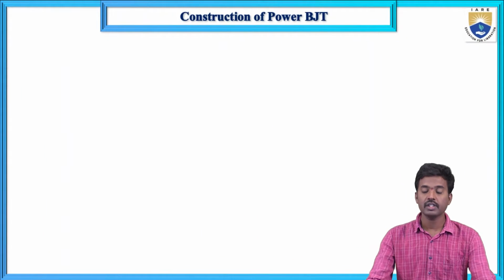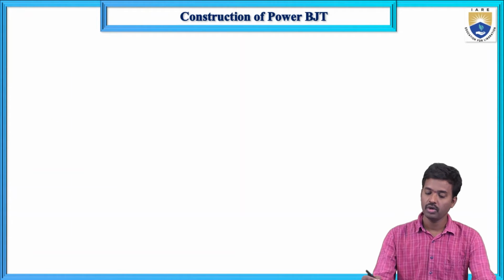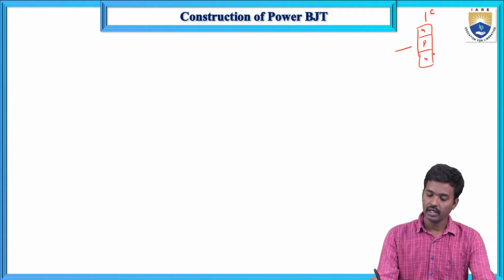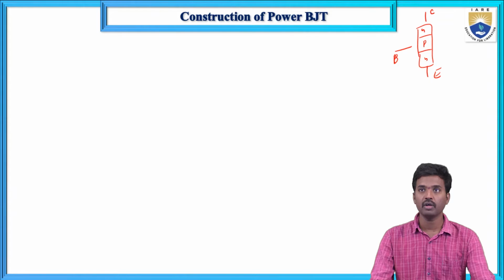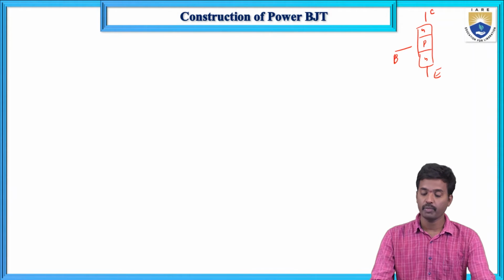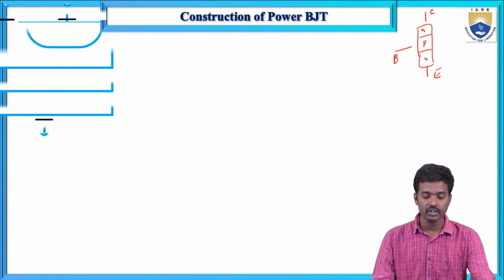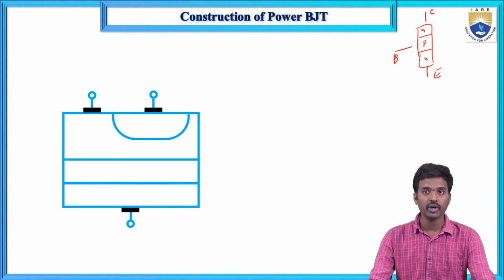And next, construction of the power BJT. As we know, in the conventional BJT we have only 3 layers, NPN, and throughout the analysis we are dealing with the NPN transistor. This is collector, this is emitter and this one is the base. In the power BJT construction, it is a vertically oriented structure.